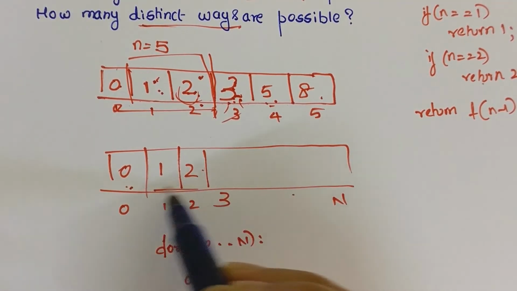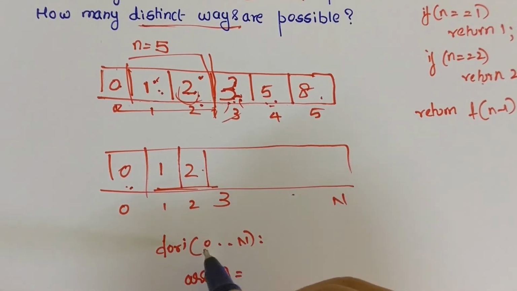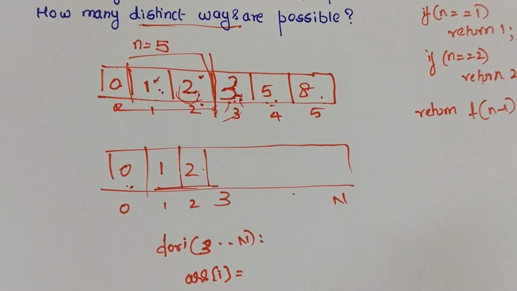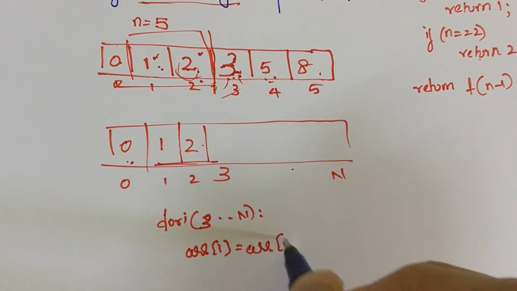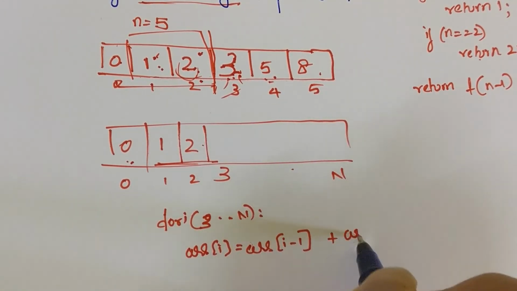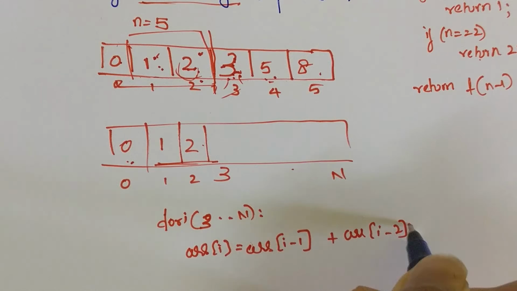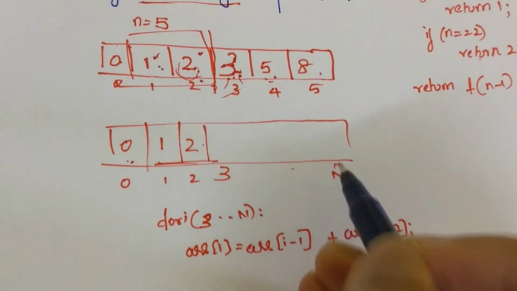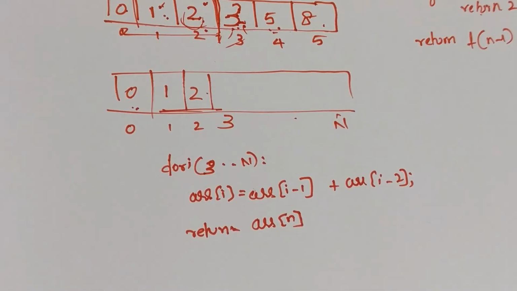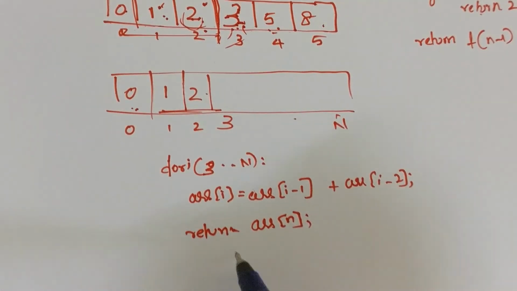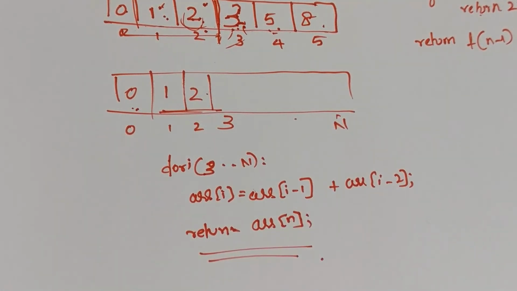These values I have already filled up, so I'll go from 3 to n and fill this array at i with the array at i minus 1 value plus the array at i minus 2 value. At the end, what I get, the array's nth value, I would be returning. So this is how you can code this problem.